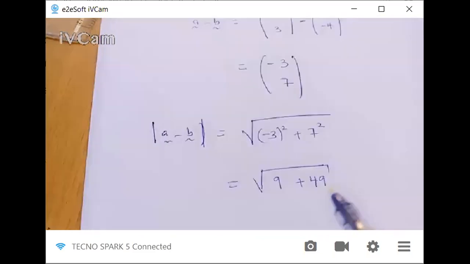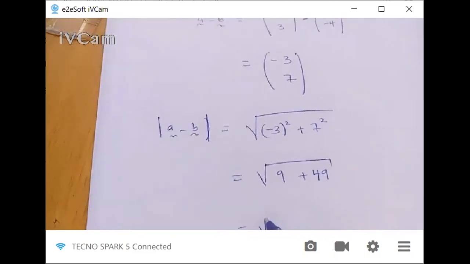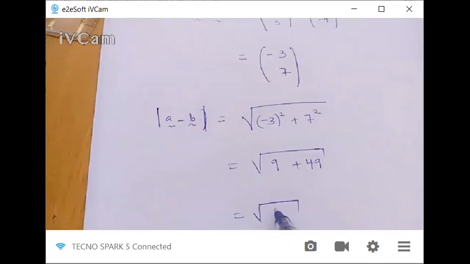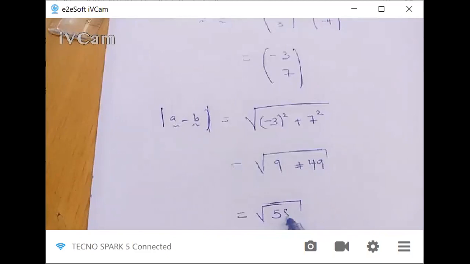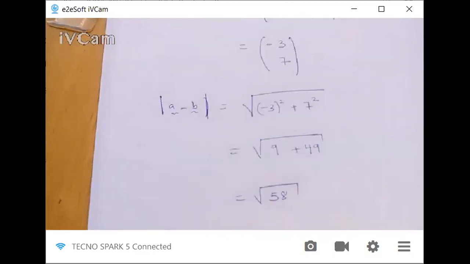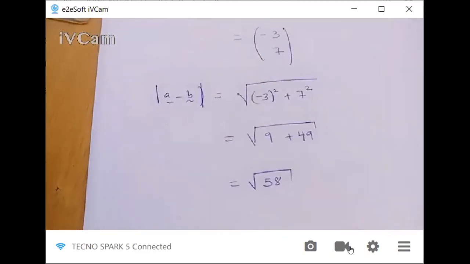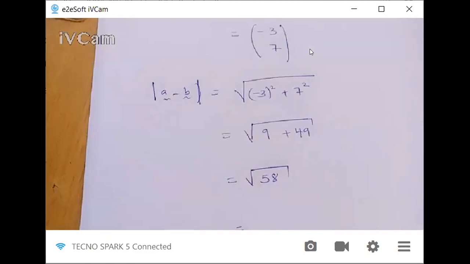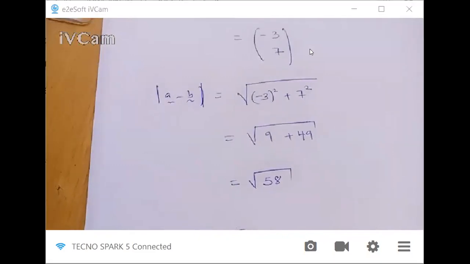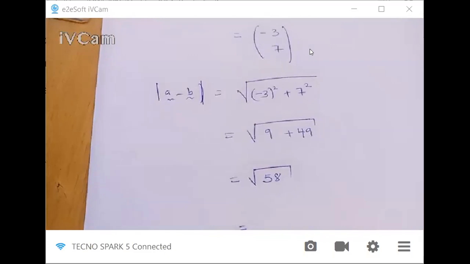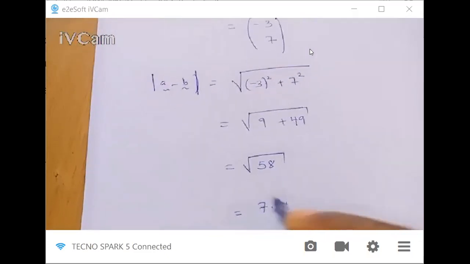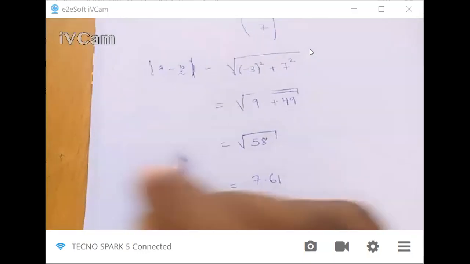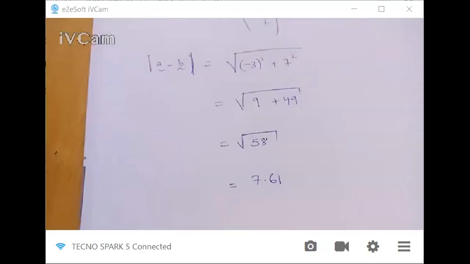What do you get there? 58. And what's the square root of 58? 7.616 units.